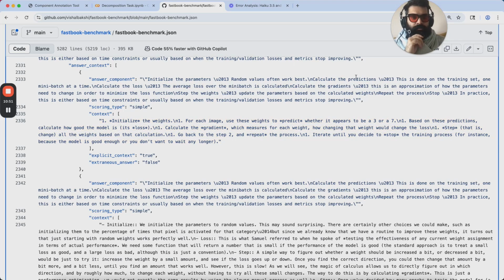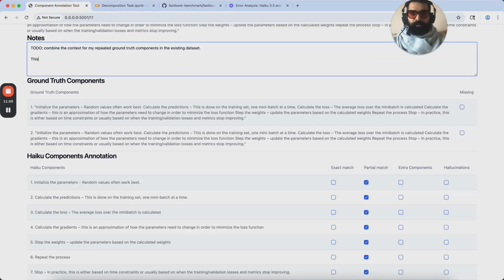So initialize, calculate predictions, calculate the loss, calculate the gradients, step the weights. So I'm just going to say, this is another scenario where Haiku's granularity will match up one-to-one to each sentence or bullet point in the chapter text relevant to this answer.